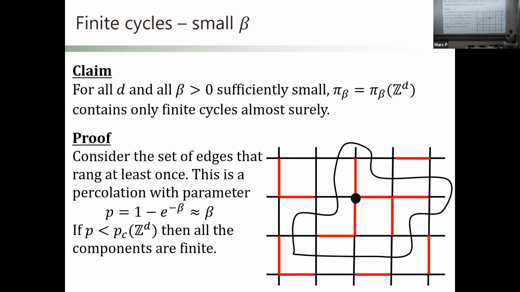The percolation threshold is not the right threshold for the existence of infinite cycles, but it does give a lower bound on that. Yeah. And for the previous argument, you said take 0 as an example, but otherwise you just need to not go back to where you were. Is that the right threshold or not?